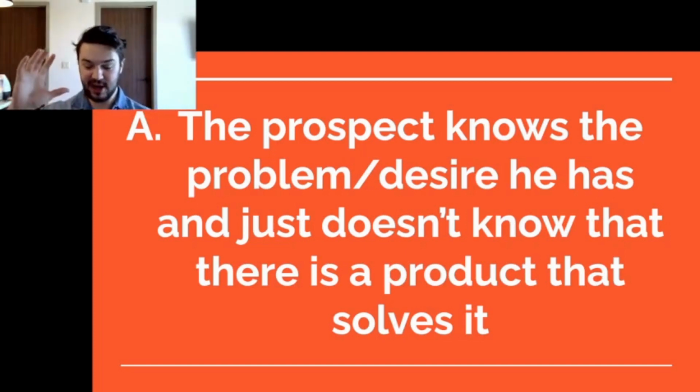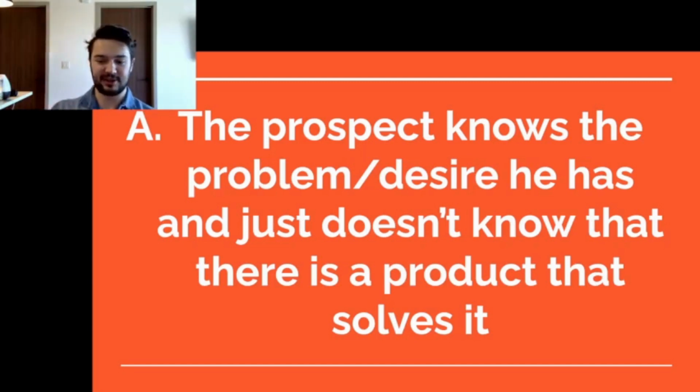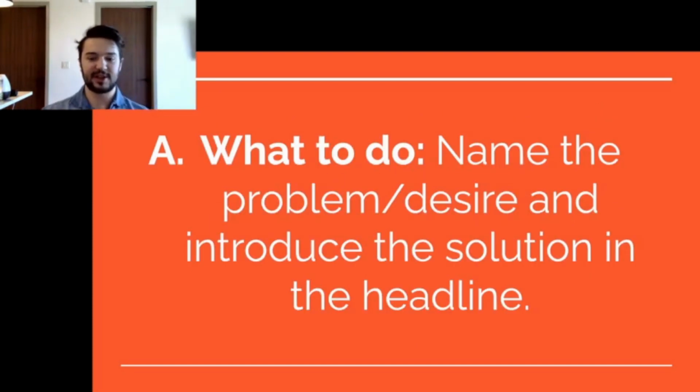He's run into the problem often enough to think, wow, I would really like it if there was something to solve that, right? But he doesn't know there is one. What you're going to do in that situation in your copy is name the problem or the desire, and introduce the solution in the headline. That's going to be the first thing that the prospect is going to see.